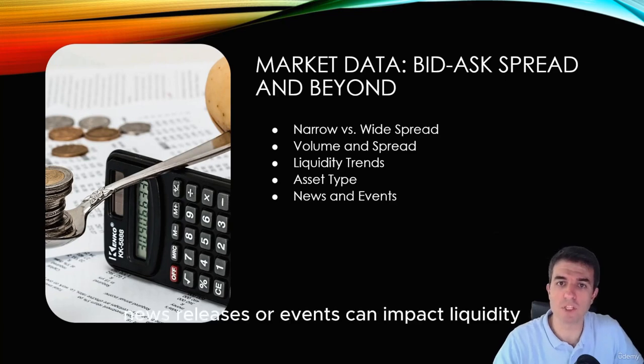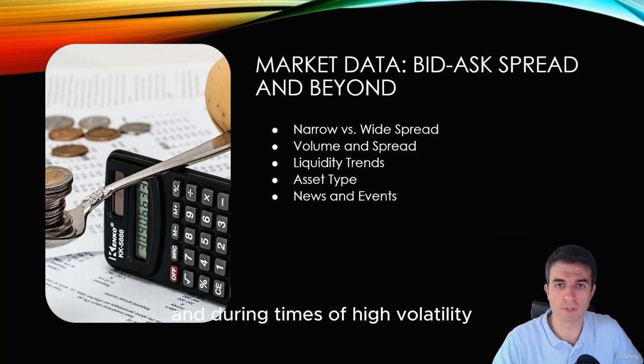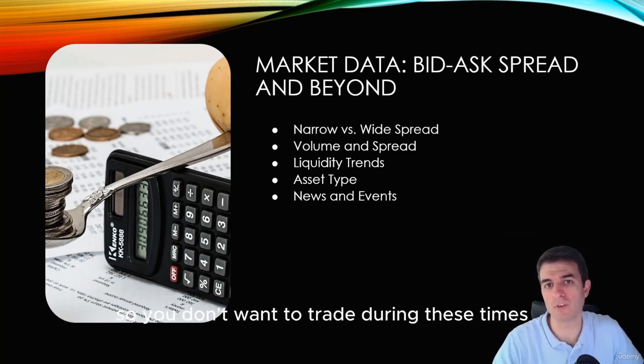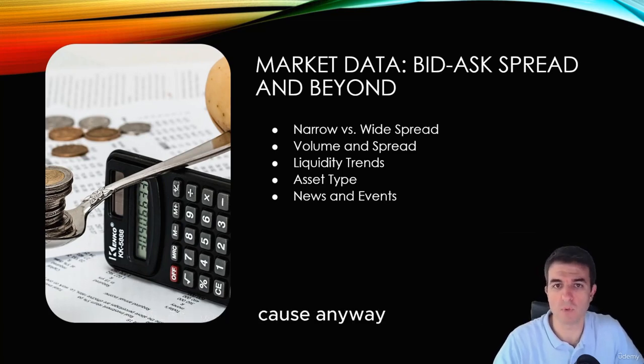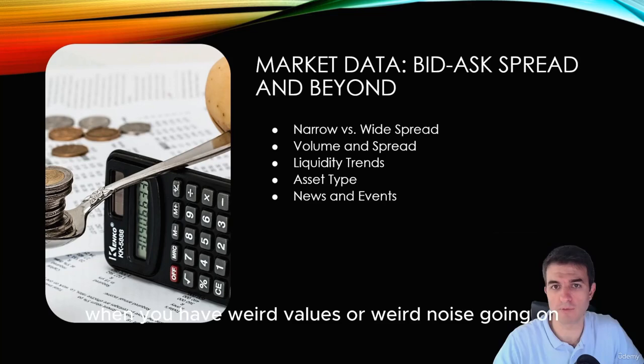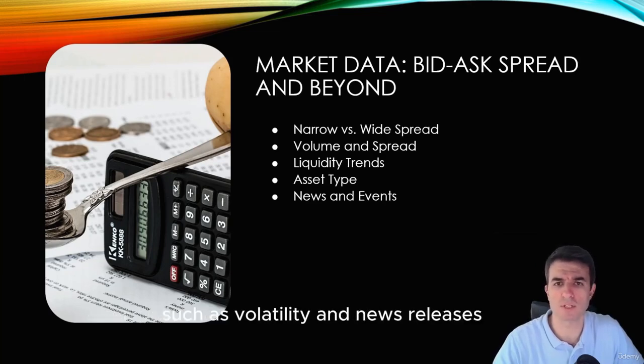Significant news releases or events can impact liquidity. And during times of high volatility, spreads may widen as market participants adjust their positions. So you don't want to trade during these times, because if you're building an algorithm, it's a systematic strategy that doesn't behave well when you have weird values or weird noise going on in the market, such as volatility and news releases.